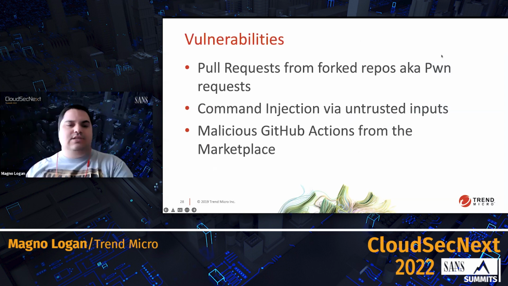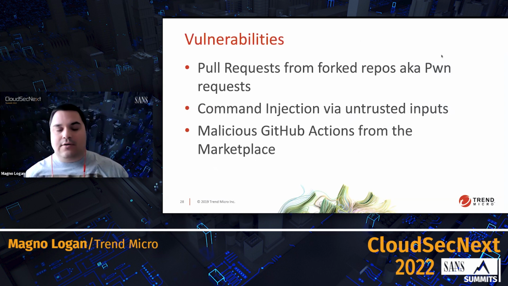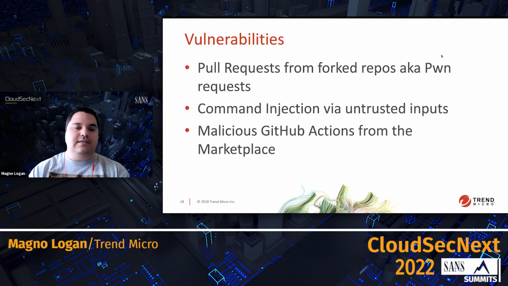When I started researching GitHub Actions, there were some vulnerabilities already disclosed, even from GitHub themselves, talking about the main issues that they dealt with in the first years after they released GitHub Actions, right? GitHub Actions was released in 2019, so it's less than 3 years old now, and they faced some issues in the beginning.